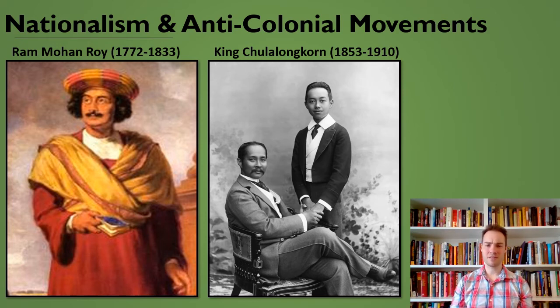King Chulalongkorn is from Thailand. He is a sort of modernizer. He ends slavery officially in Thailand right around the same time as the American Civil War, and the Thais are very proud that they did that on their own rather than having to fight a war over it or have it forced upon them.